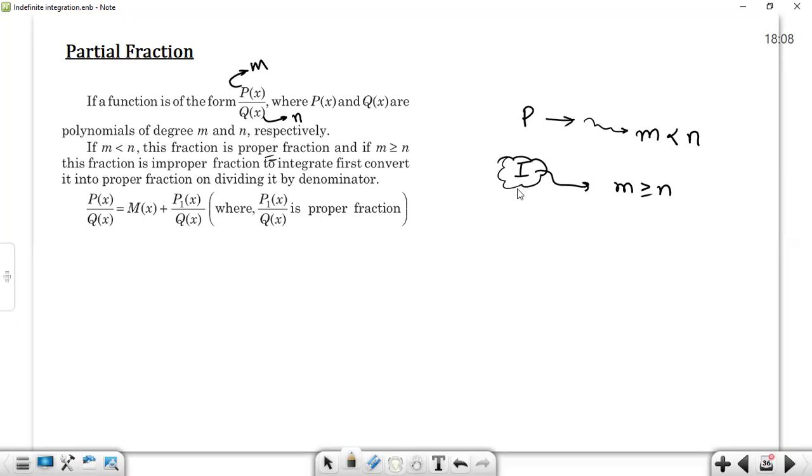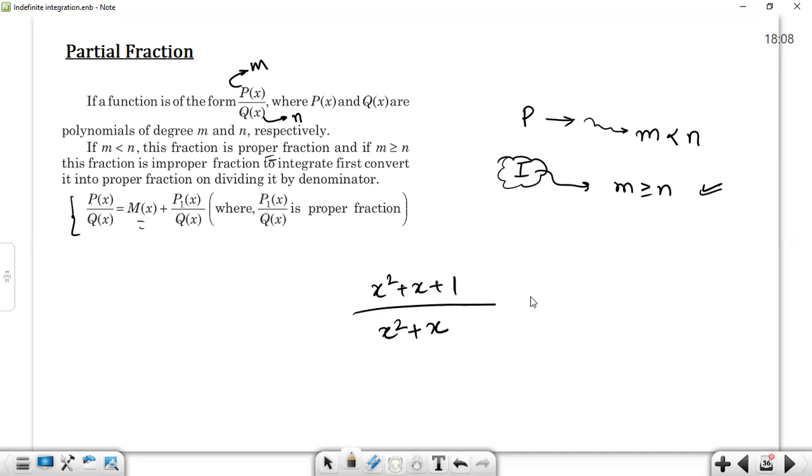If there is an improper fraction, we can easily convert it into a proper fraction format. If the degree of the numerator is greater than or equal to the degree of the denominator, we can solve it further. Let's say x square plus x plus 1 upon x square plus x.